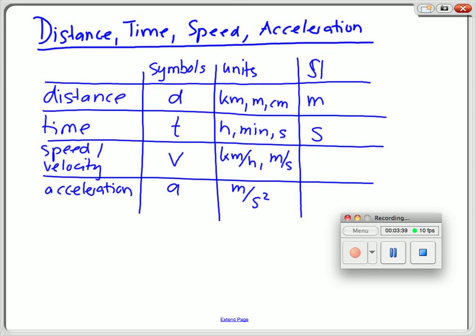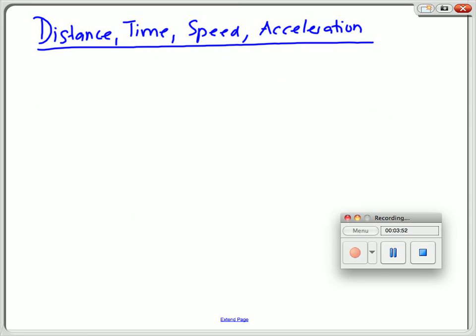Now let's have a look at the formulae. And I'm going to extend that page here a bit. Now, first of all, you have the formula: the speed or velocity equals distance divided by time. What does it actually mean?